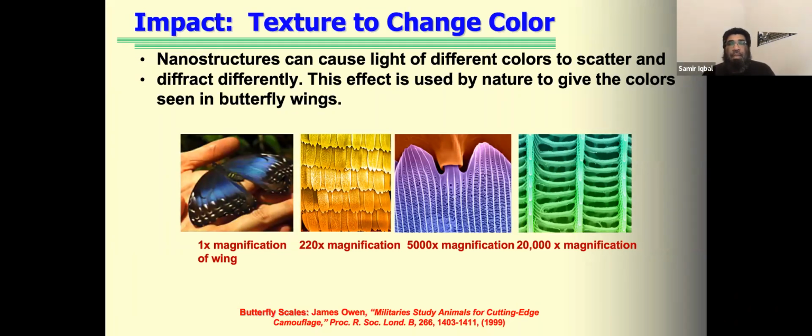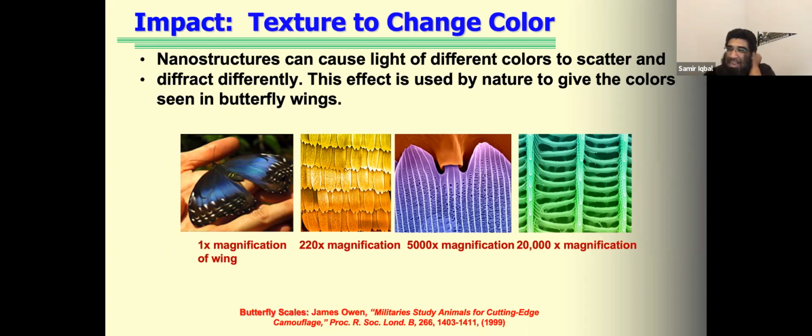There's an amazing example of butterfly wings. We see different colors on the wings of a butterfly, right? We enjoy beautiful things. But if you put them in an electron microscope, and this is showing you magnification 220x to 5000x to 20,000x, we see nanoscale features.